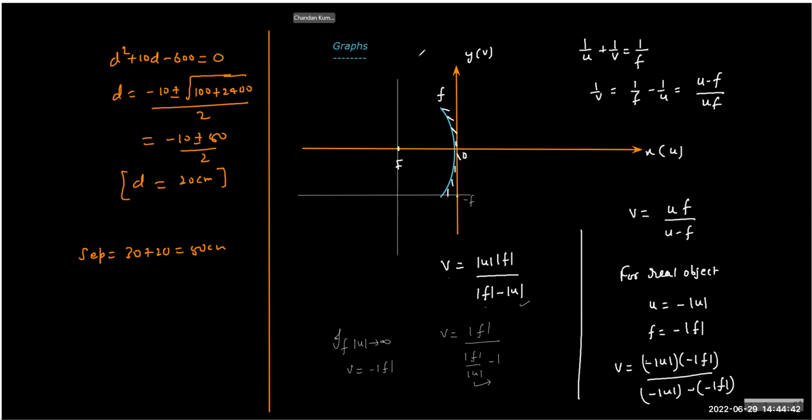So how will the graph look? Can you guess? As you approach f, it will become infinite, of course, real. As long as you are before the f, the image must be real, and v must be a negative answer. V negative means it is forming on the left side. So the graph will look like this.